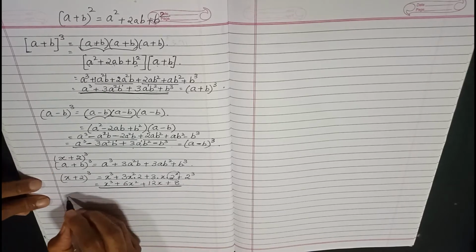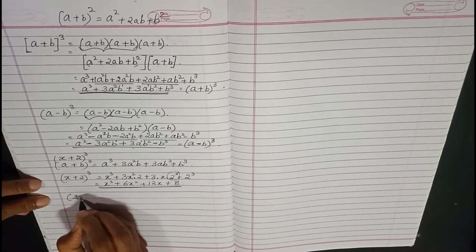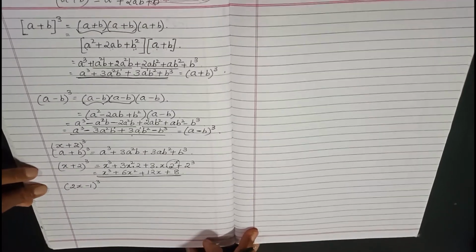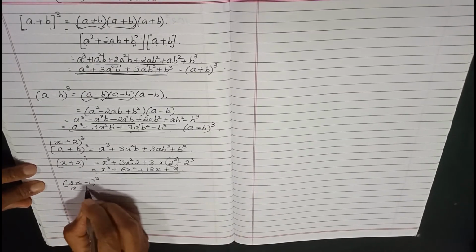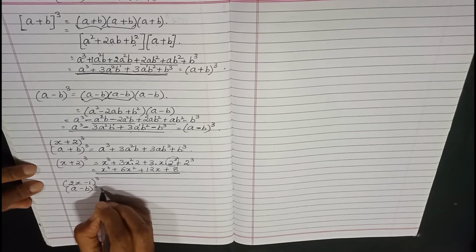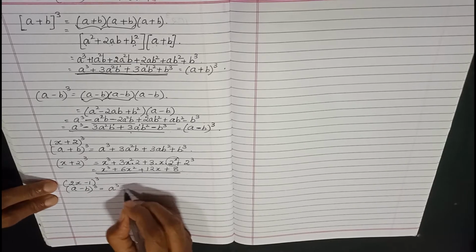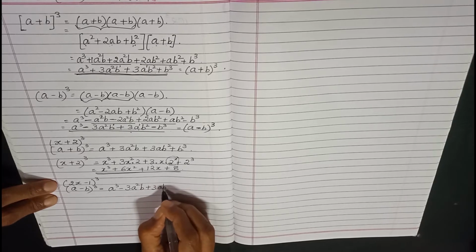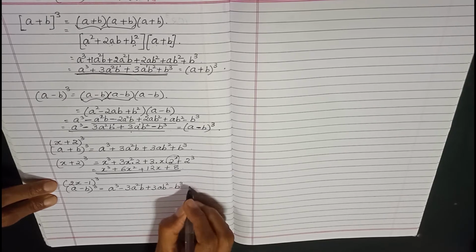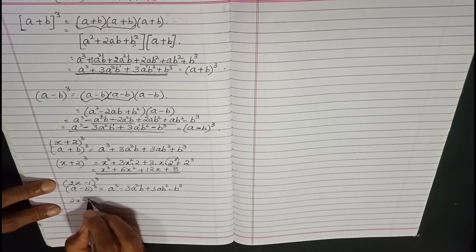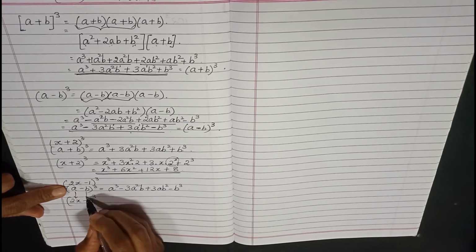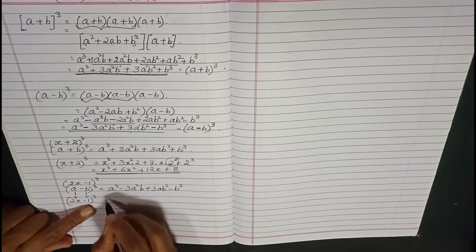Let's take one for (a minus b) type. Let us say I have (2x minus 1) the whole cube. Now you can see this looks like (a minus b) the whole cube, where the formula is a cube minus 3a square b plus 3ab square minus b cube. So now in this question, wherever there is a, I will be putting 2x, and wherever there is b, I will be putting 1.